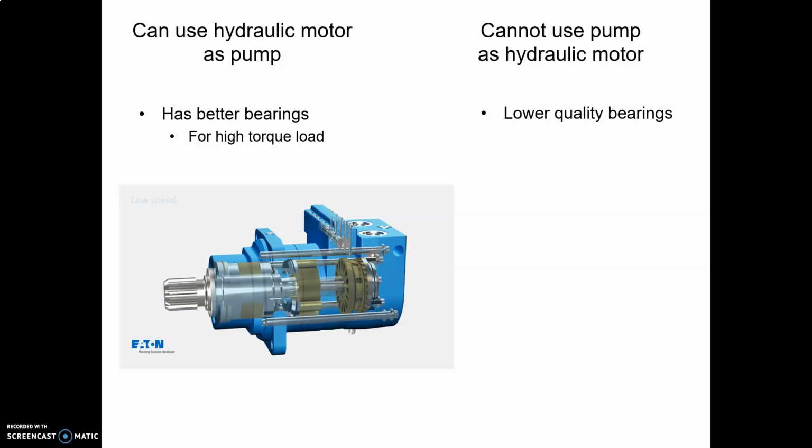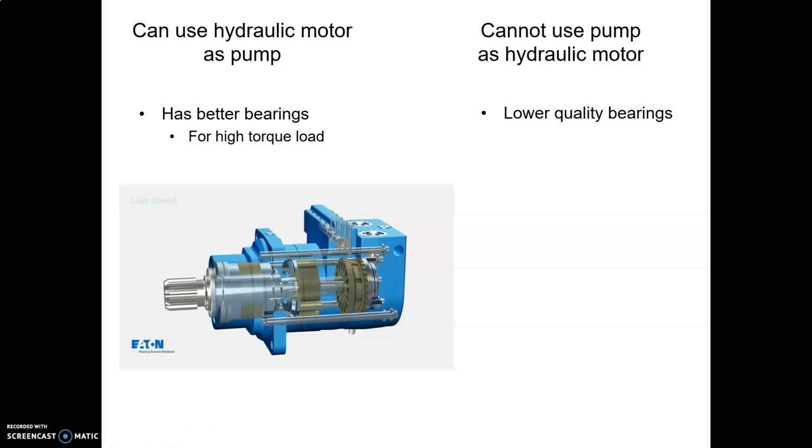Or you could take a DC motor and reverse the wiring and use it as a generator. Well, similar idea with hydraulic motors and pumps. And in fact, many manufacturers use some of the same parts in motors and in pumps to cut down on inventory and because they're so similar.